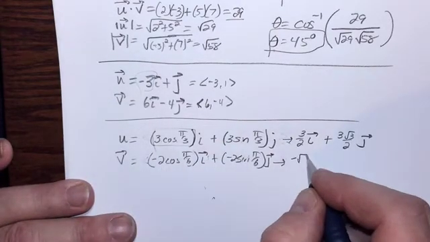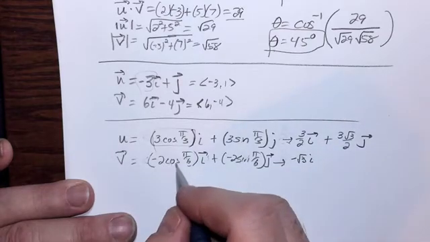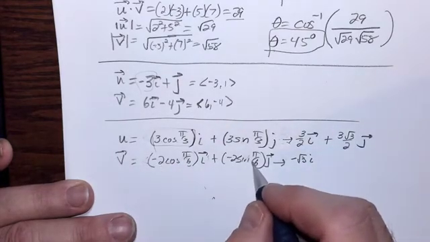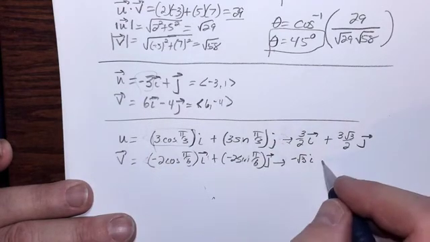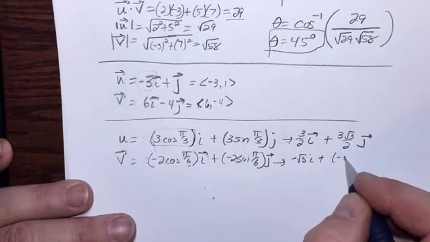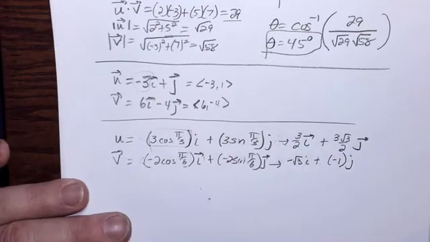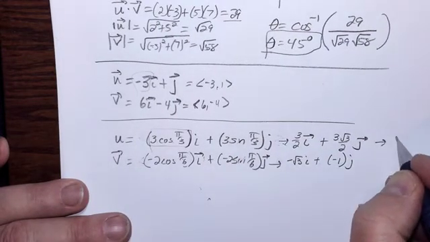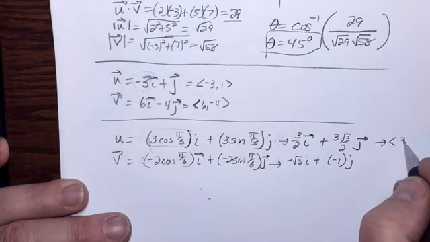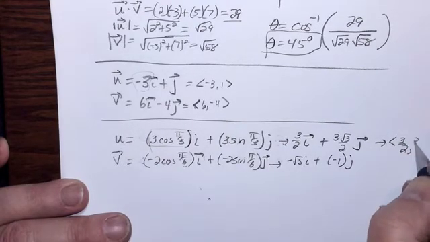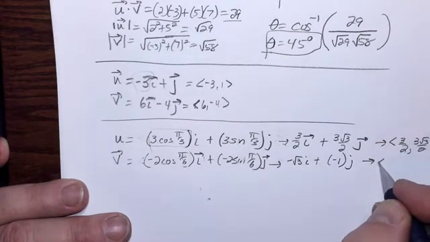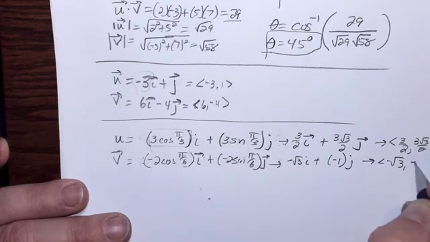So this would be minus root 3 i, if I put root 3 over 2 in here and multiplied by negative 2. Sine of pi over 6 is 1/2, and it's negative 1 j. And now again, I could convert this even farther if you want. We can go to component form. It'd be 3/2, 3 root 3 over 2. This one would be minus root 3, minus 1.